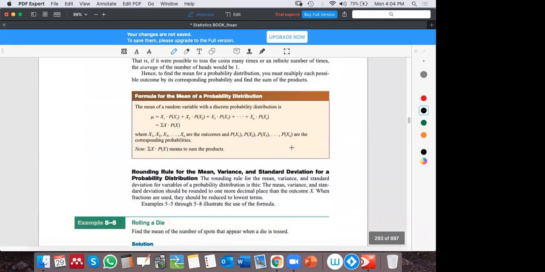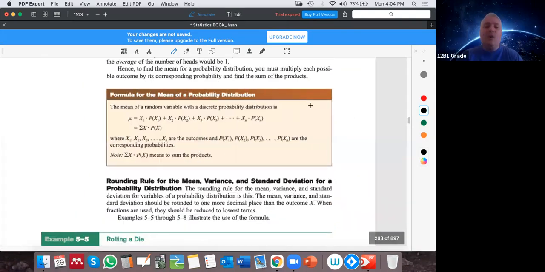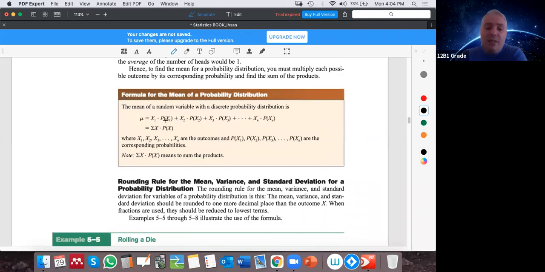Now we have something called expected value. When we have a random variable, for example when we throw a die or flip a coin, theoretically it is 1/2 for the coin to be head or tail, and theoretically to see number 1 or number 2 or number 3 up to number 6 is 1/6.